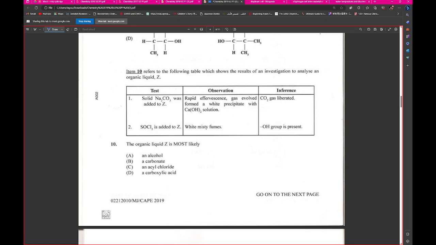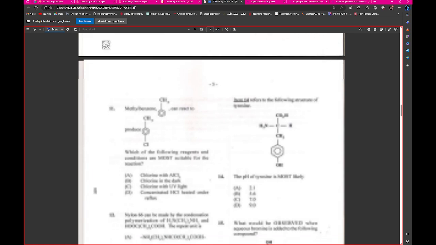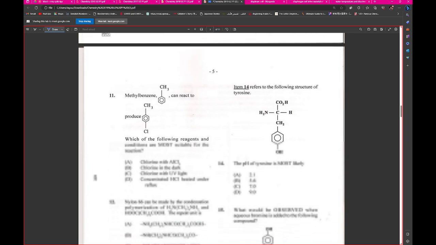So the organic liquid here, we know that it's a carboxylic acid based off of what we did before. I'm just going to be moving through the ones repeated, so if you have an issue, just stop me. Methylbenzene can react to produce parachloromethylbenzene or 4-chloromethylbenzene. Which of the following reagents and conditions are most suitable for the reaction? Tell me.